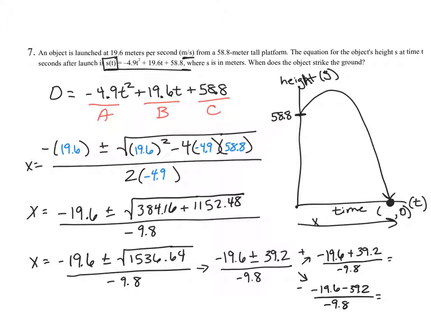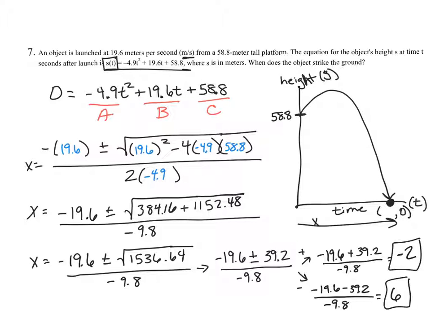Negative 19.6 plus 39.2 is 19.6, divided by negative 9.8, which gives us negative 2. For the negative side, those calculations give us 6. So our answers are negative 2 and 6.